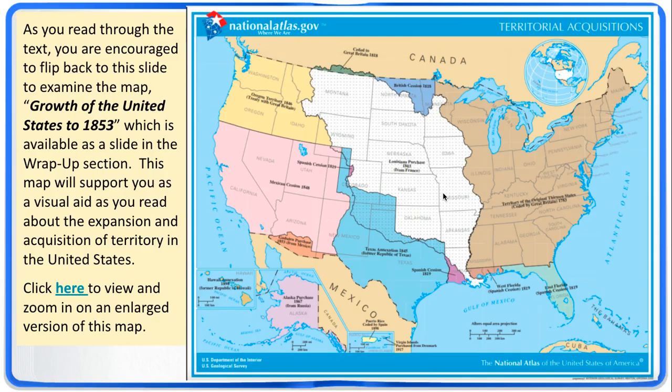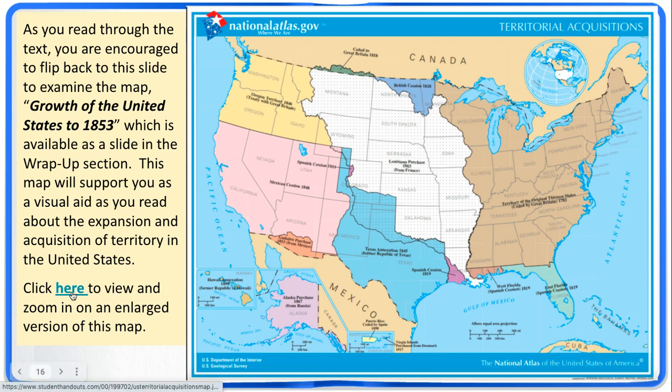As you read through today's text, you are encouraged to flip back to this slide to examine the map, Growth of the United States to 1853, which is available as a slide in the wrap-up section. This map will support you as a visual aid as you read about the expansion and acquisition of territory in the United States. As you can see by this map and the different colors presented, as well as the dates, the growth of the country chunk by chunk.